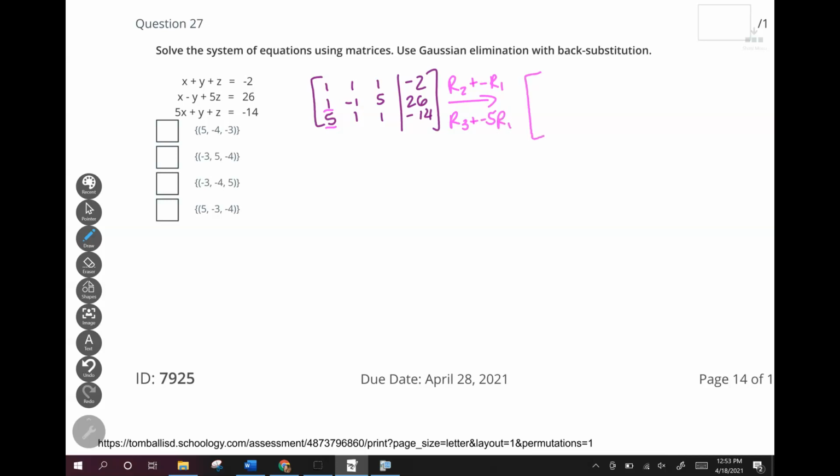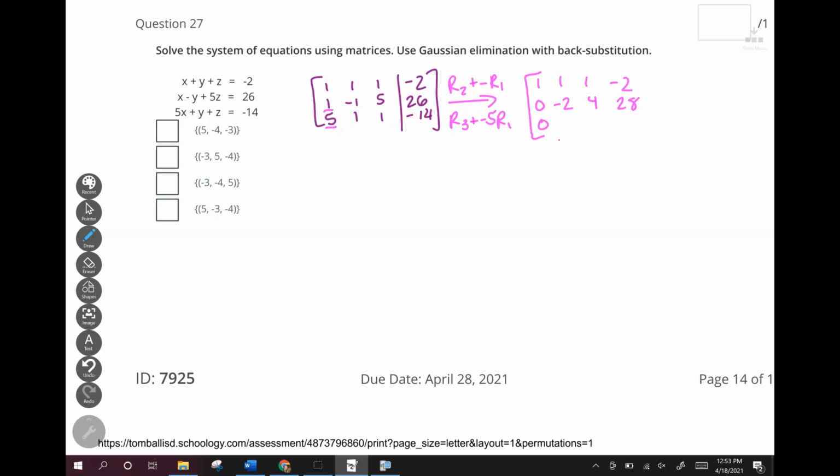You could do either one. So my first row is not changing because I like that one there that it already has. This one will have a 0. I'm just subtracting row 1. So 26 minus -2 gives me 28.